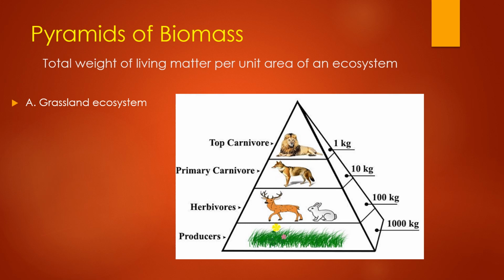Like this, in case of primary carnivores, their number is also less. In case of top carnivores, though they are very big organisms, their biomass is less, because their number is very less in comparison to producers, herbivores and carnivores. Okay, so in case of grassland ecosystem, the pyramid is upright.